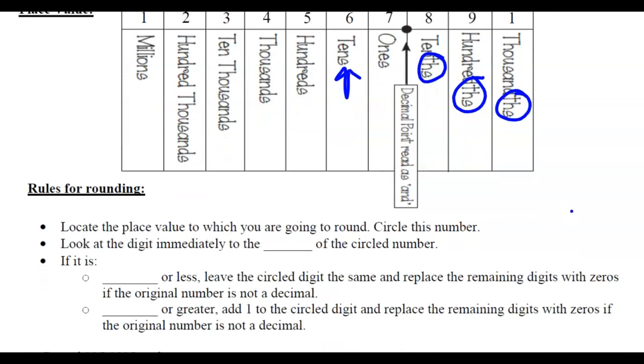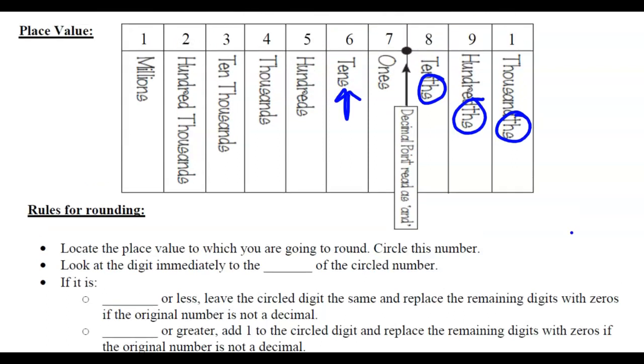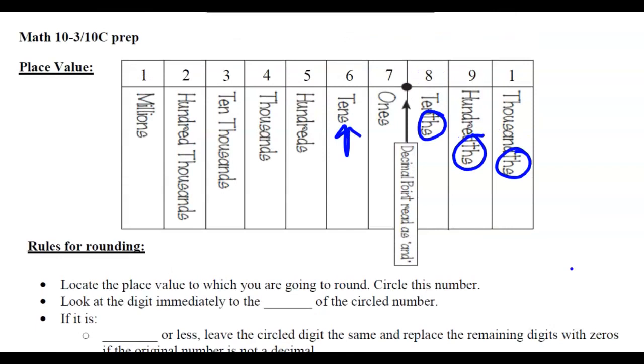So what are the steps? Locate the place value to which you're going to round. And this is what I recommend: circle it. Let's say I'm asking you to round to the nearest hundreds in this number. So I circle that. Then it says look at the digit immediately to the right. We don't care about everything to the left of that, and we don't actually care about any other digits except for the one directly to the right.